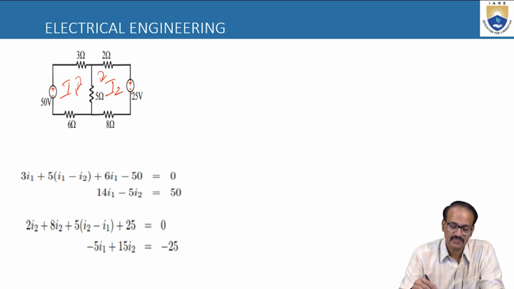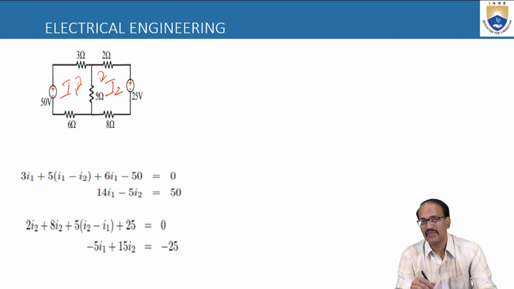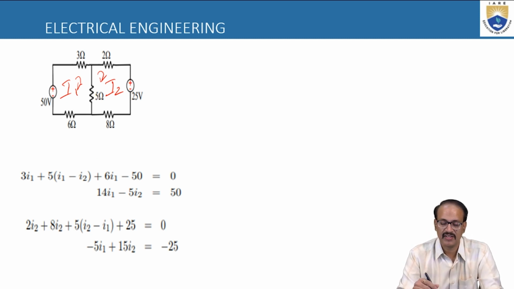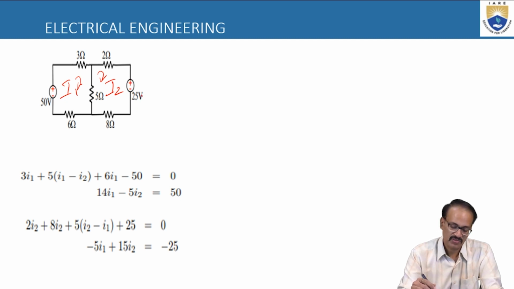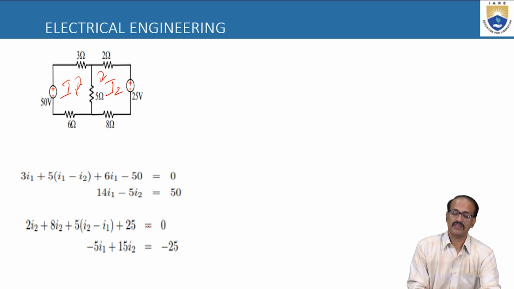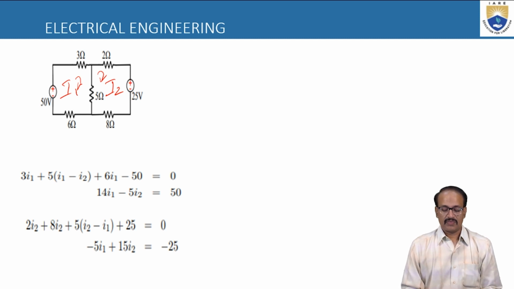Plus 8I2 plus 5 (I2 minus I1), because I am referring to the second loop. And if I come in the clockwise direction, I can see the positive sign in the 25 volts. So plus 25, that is equal to 0.